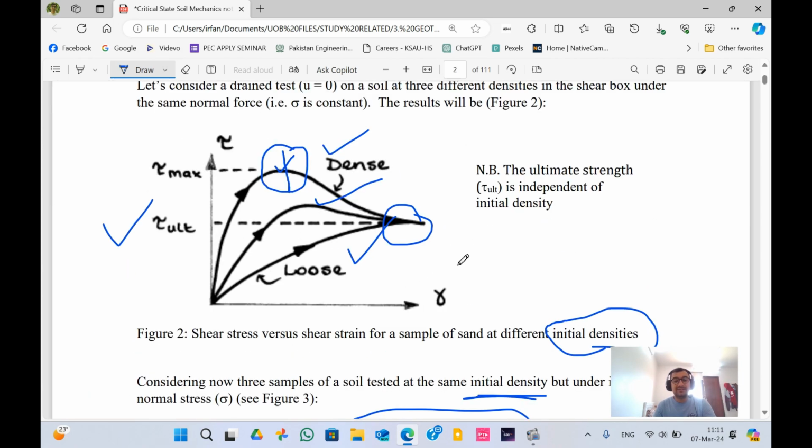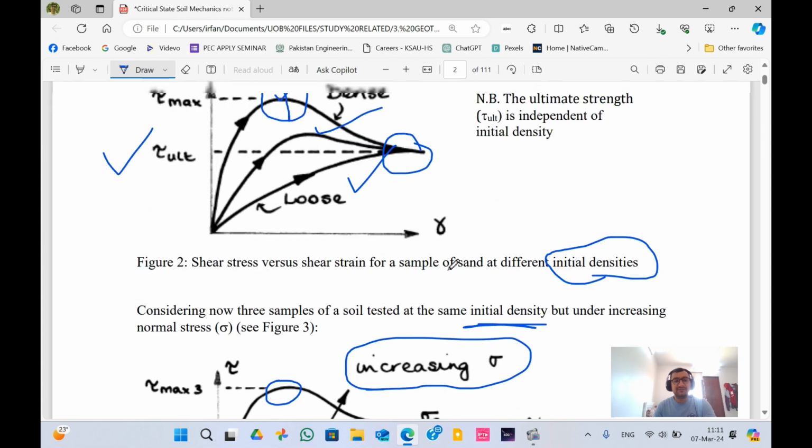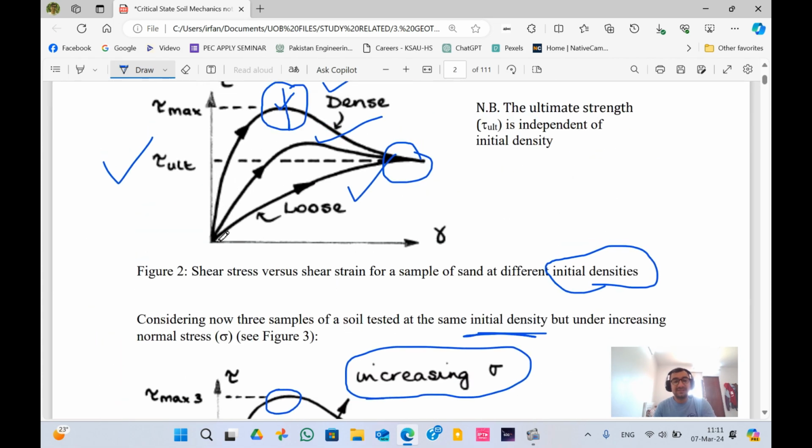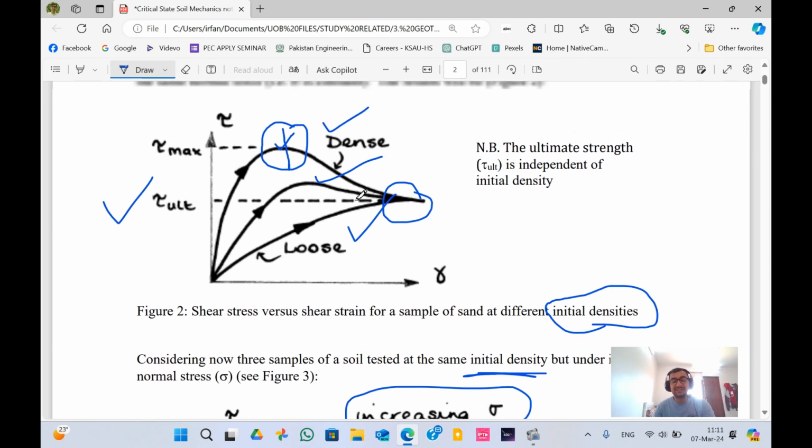In this case, as you can see, the behavior was changed, because in case of a loose soil, it goes directly to the strain because there isn't any disintegration, because it's already loose. So it won't require a lot of shear stress in order to disintegrate it because it's already disintegrated. If we talk about the dense sand, it will require a lot of stress.